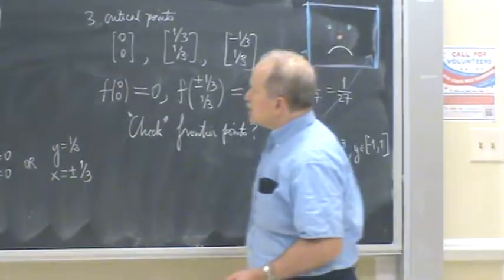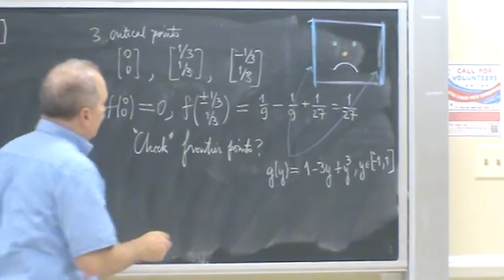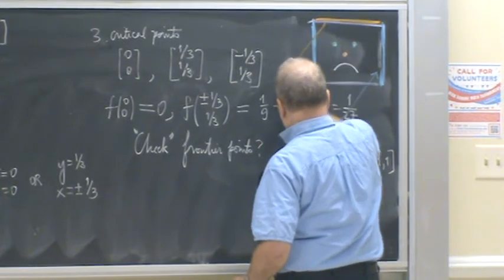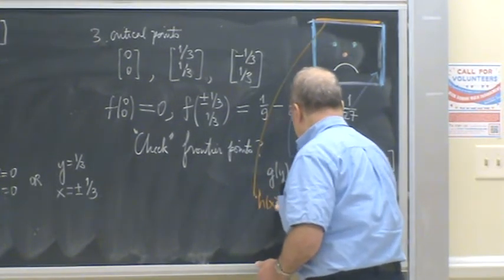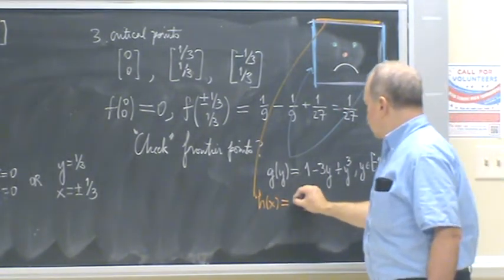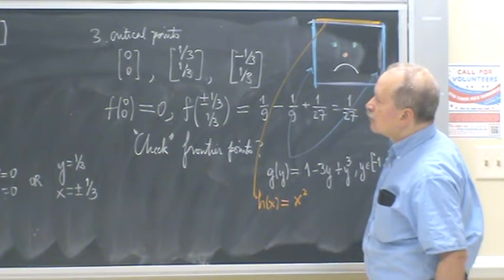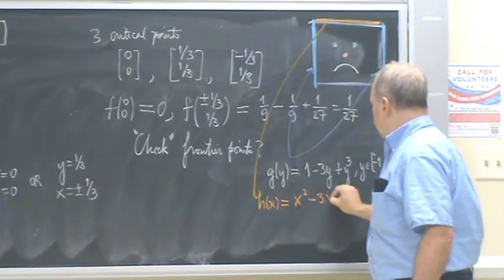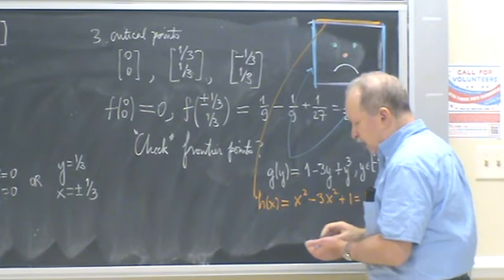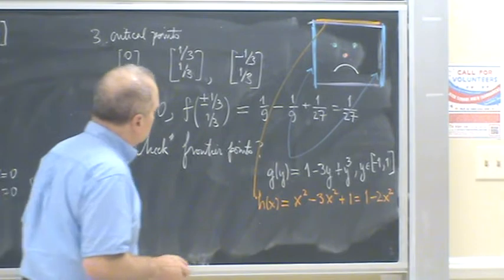And on the other pieces, on this piece, I would have y equal to 1, so the function of x is x squared minus 3x squared plus 1, and on the bottom piece, I'm running out of room, y is minus 1, so it's 4x squared minus 1.